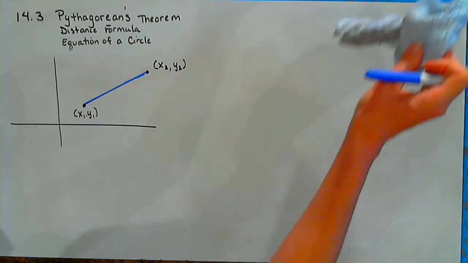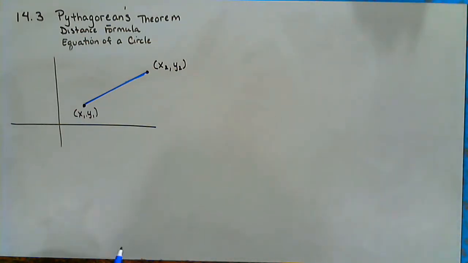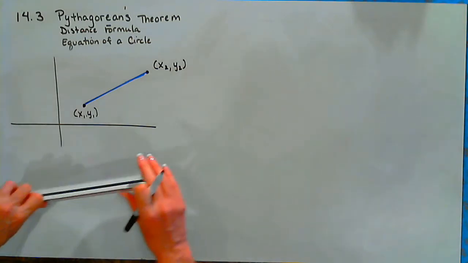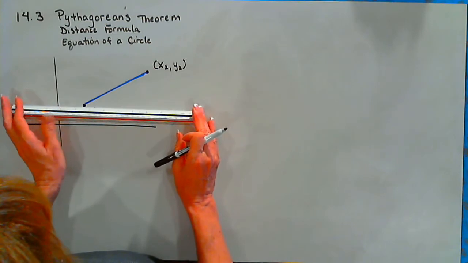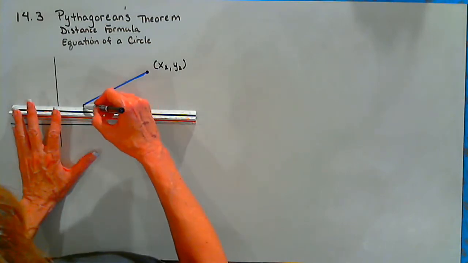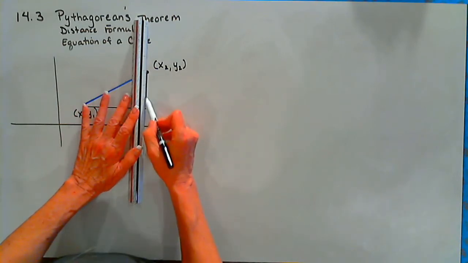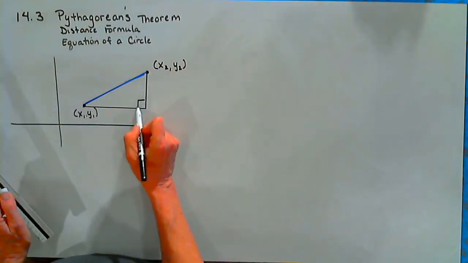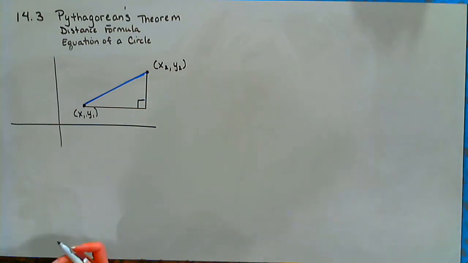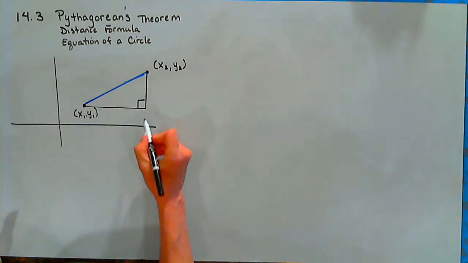Now because we put this on an xy plane, everything is rectangular. So because it's on the rectangular plane, I can make a right triangle out of this. So now that I have a right triangle, let's find the coordinates of this other point.